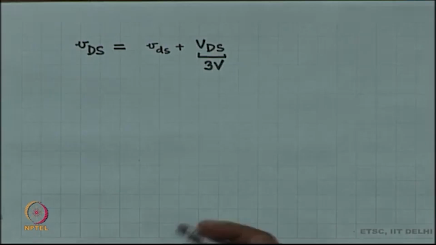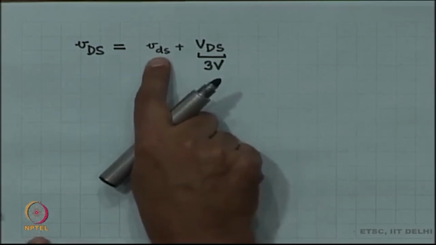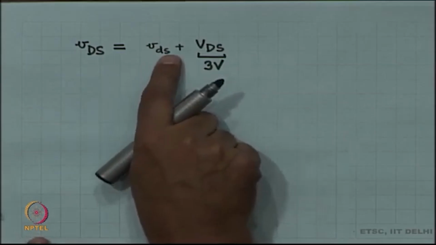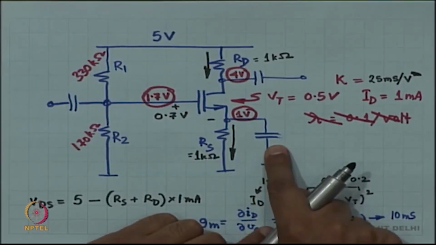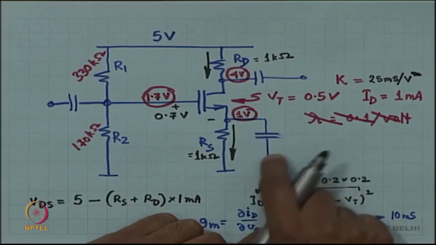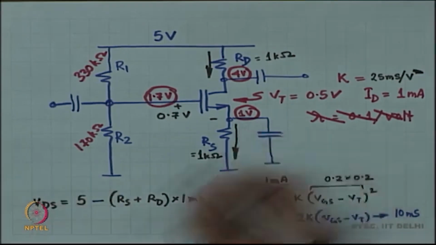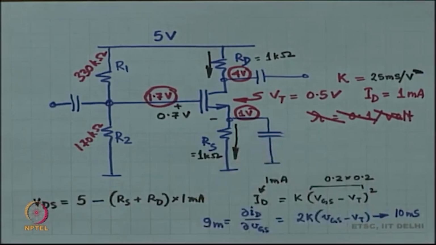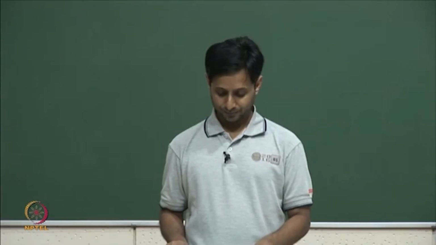Okay. So, when I am changing incrementally, when VDS is changing, by the way, what is small Vs? Small Vs is 0, because this capacitor takes all the incremental current. Okay, this capacitor is a short circuit for incremental current. So, small Vs is equal to 0.